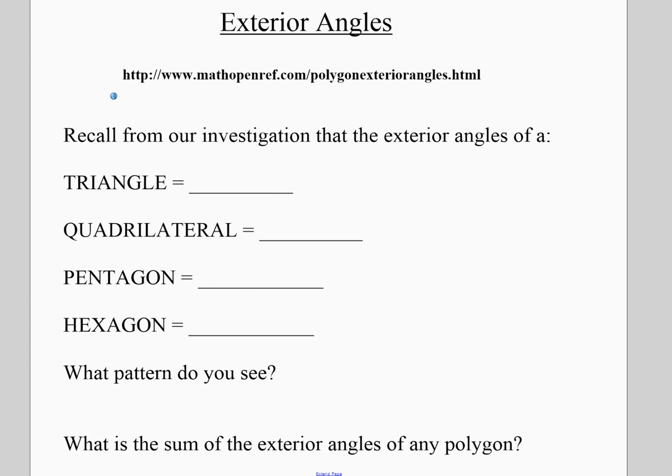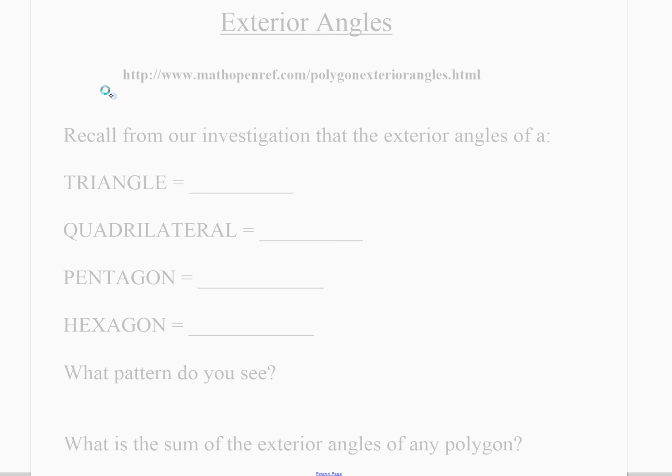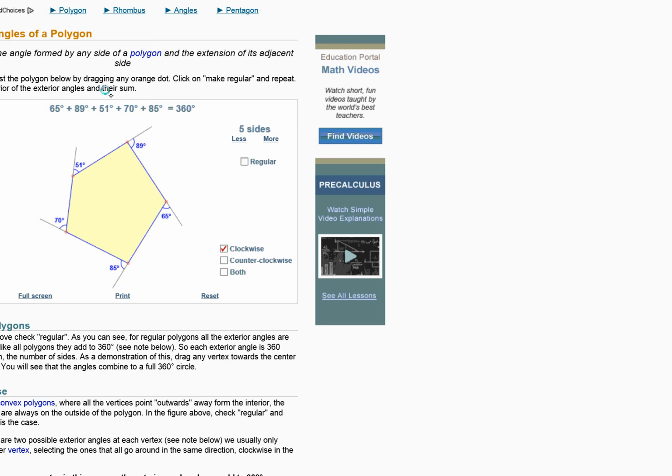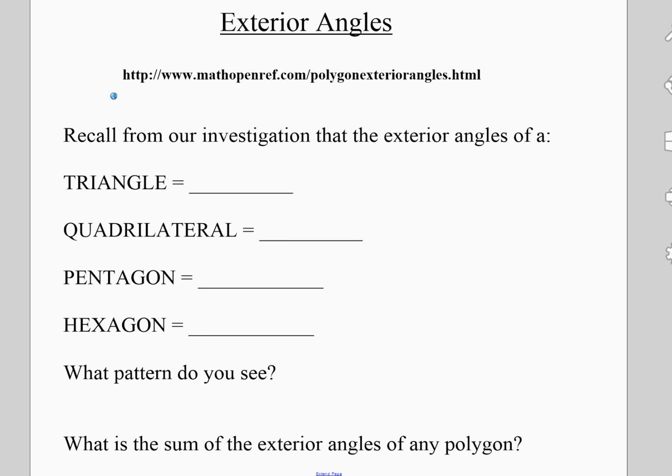So now if we look at this, you've just investigated this year about exterior angles, and there are some things that you've learned now about the exterior angles of a polygon. If you're interested, you can click on this link here, and it will take you to an interactive investigation. Right now you can only see half the screen because of how I set up my record screen, but this can take you to an investigation if you're interested, just to explore it a little bit further.